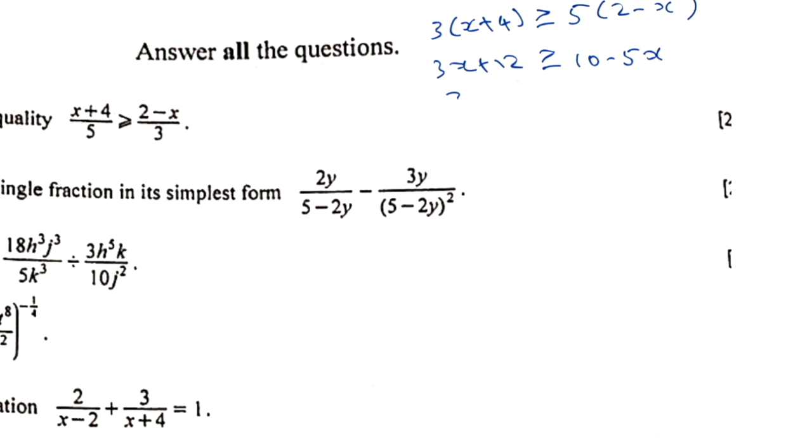So rearrange, 3x plus 5x. x is negative 1/4. Did you get something like that as well? Yeah. Okay. Then how about the second one?